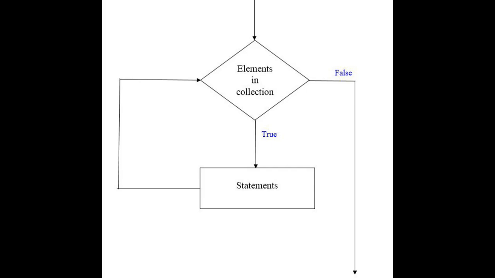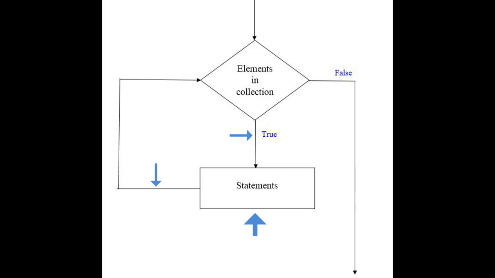So this flowchart shows that C# tries to evaluate whether elements within a collection have yet to be iterated over. And if this condition evaluates is true, then statements are run, and then the code loops back to the condition again, and that condition then again is evaluated to see if it's true or false.